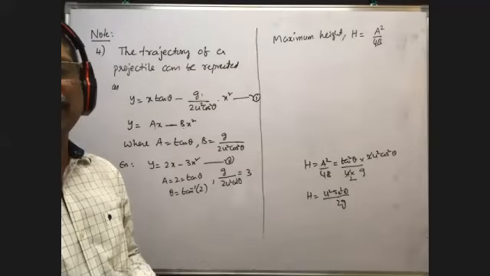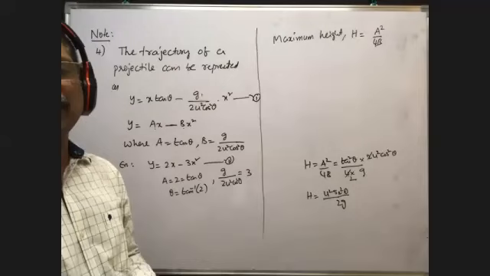In the case of an oblique projectile, the general formula for the path of the projectile is already derived. That is y equals x tan theta minus g by 2u square cos square theta into x square. In these two terms, take x tan theta common.